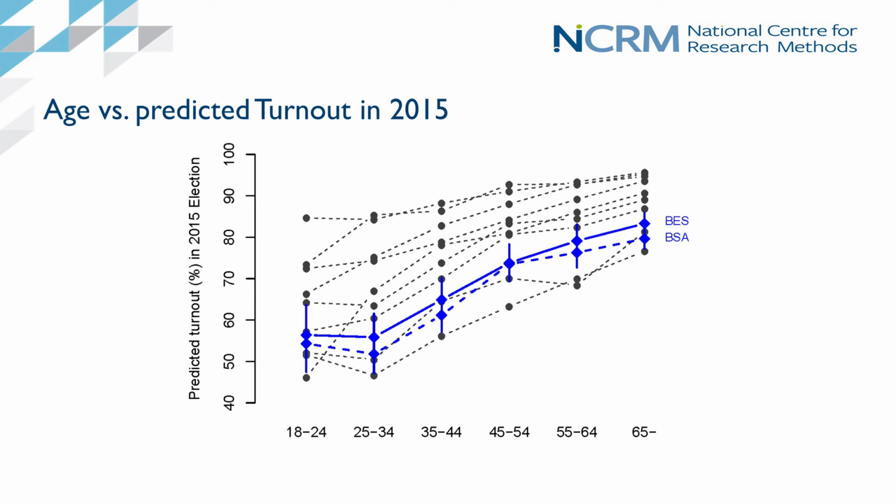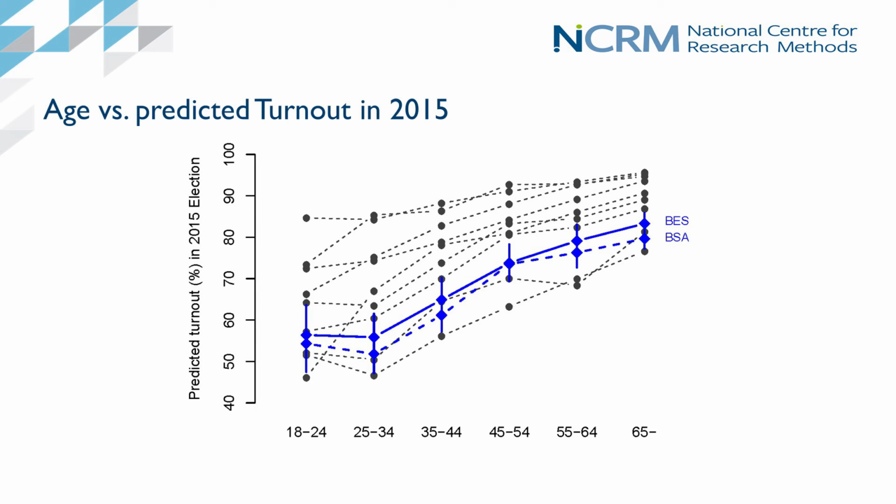Again, blue is the BES, BSA, and the black ones are the polls. There are again differences between companies, and there's more to be thought about that. But broadly speaking, most of them are too high. At every age, the poll respondents are too interested in politics, in terms of too likely to turn out.